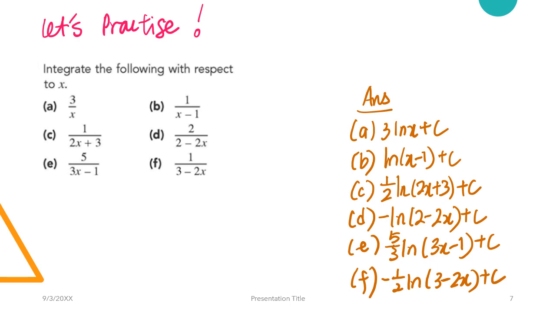After learning how to integrate 1 over x or 1 over ax plus b, let's put our knowledge into practice. So I'm going to write down the formula again for you. The integration of 1 over x dx, you will get ln x plus an arbitrary constant. The integration of 1 over ax plus b dx, you would get 1 over a and then ln bracket ax plus b, plus an arbitrary constant.